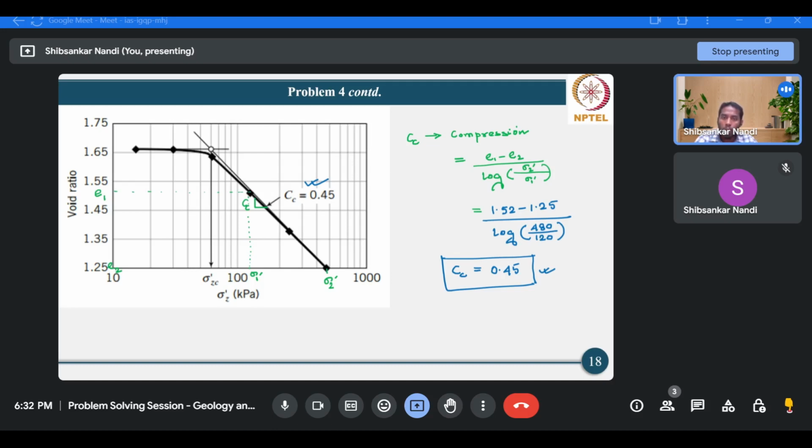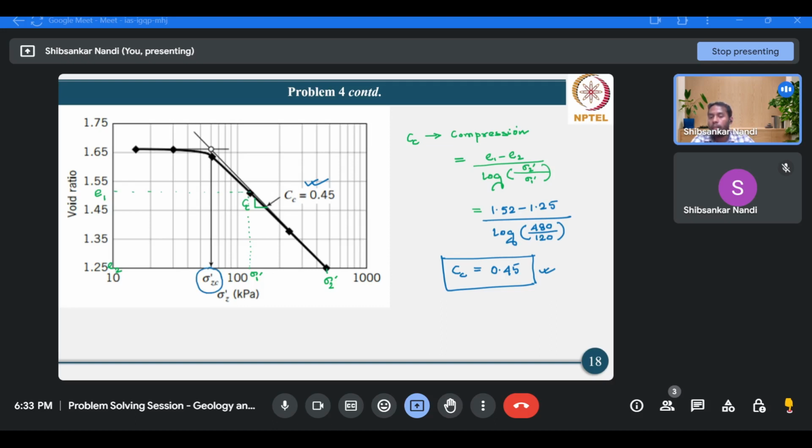Now apart from all these methods, there is a very handy and very straightforward method. You just have to extend these two linear segments, the first linear segment and the second linear segment. The extension of these two linear segments will intersect at a point. Now the abscissa corresponding to this point will give you the pre-consolidation pressure sigma prime c, or sigma prime.